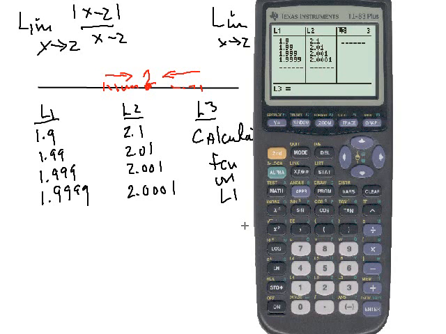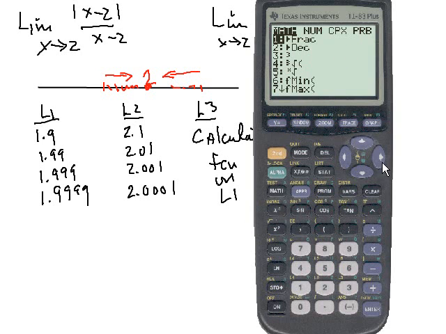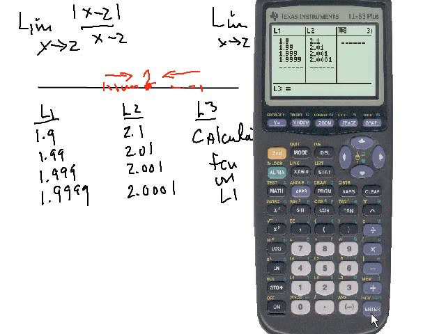Okay, so where do we find the absolute value function? Well, it's a math function, and if I look very carefully over here, there it is, under absolute value. Okay, and so this will be the absolute value of what? Well, it'll be x minus 2.